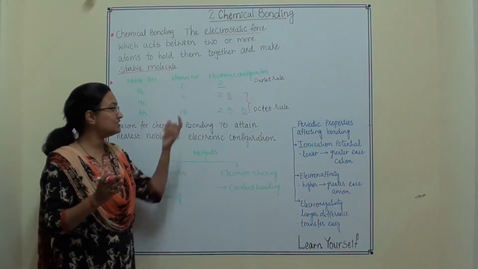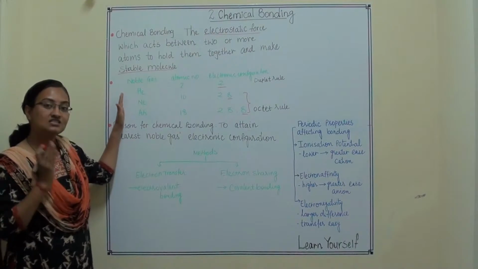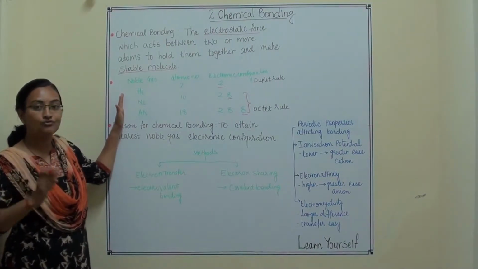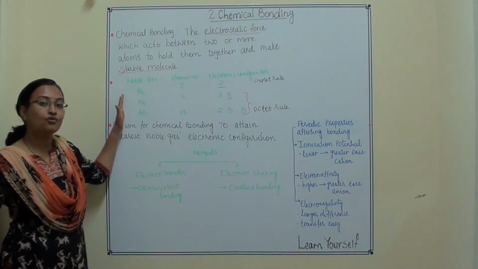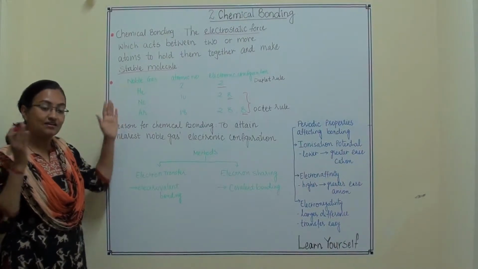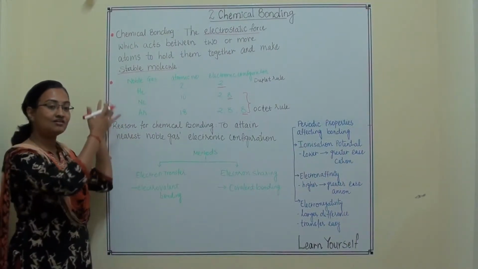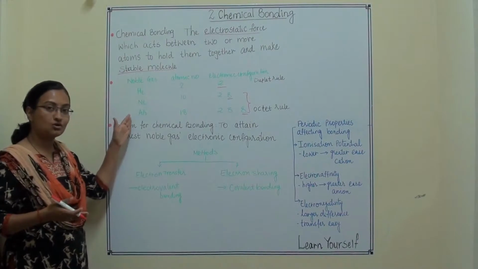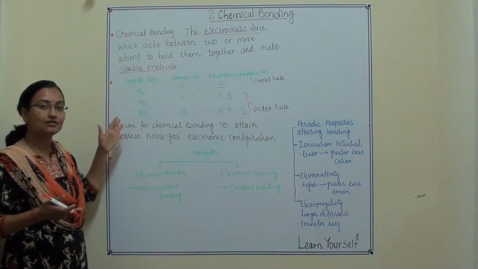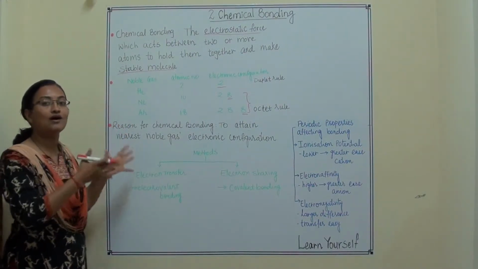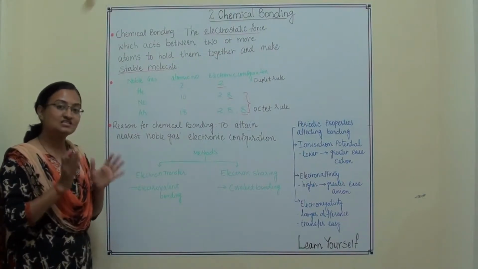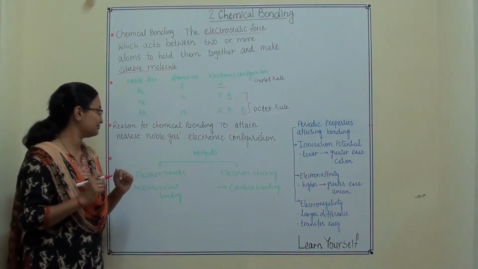So this is the reason they are stable and they do not want to go for chemical bonding. Other than these atoms, there are noble gases after this also: helium, neon, argon, krypton, xenon, radon. They are all noble because they have stable electronic configuration.